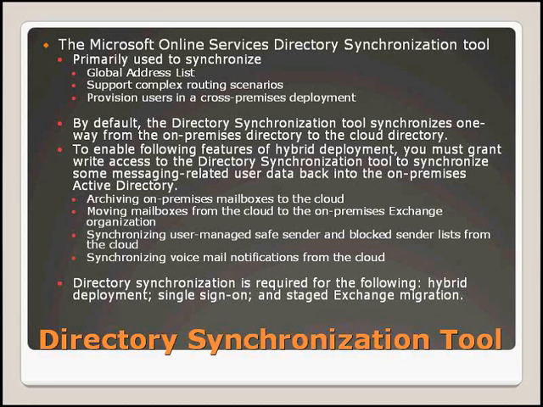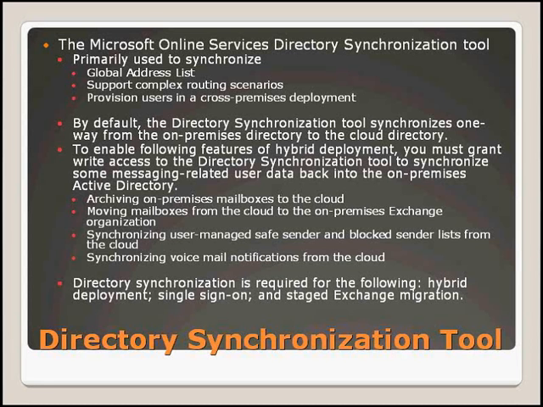So if you want to do it the other way around, synchronizing the data from the cloud to your on-premises network, you need to make sure that you have write access for the directory synchronization tool on your AD, which means your directory synchronization tool should have write access to your on-premises AD server if you want these things to happen.